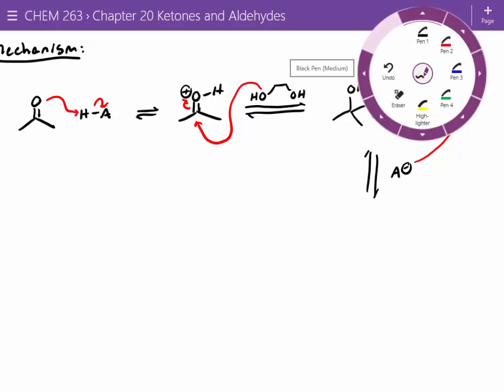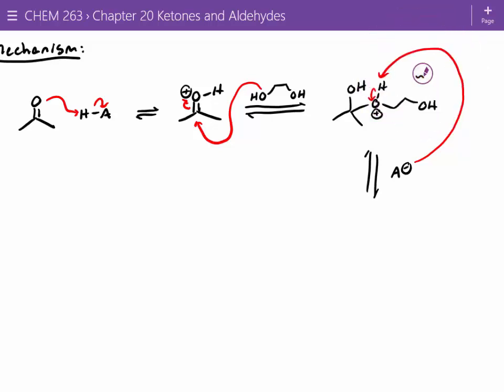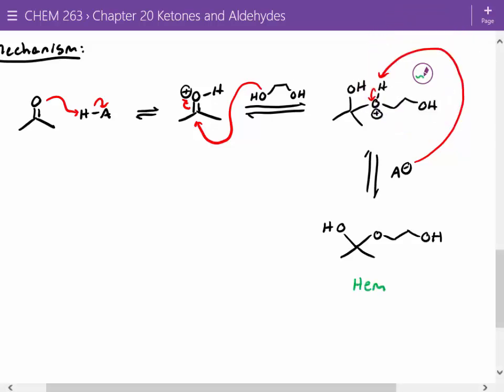Really, what's the purpose of a hemi? The hemiacetal is just a halfway intermediate. Okay, so now we're at our hemiacetal. We've recreated our acid, right?